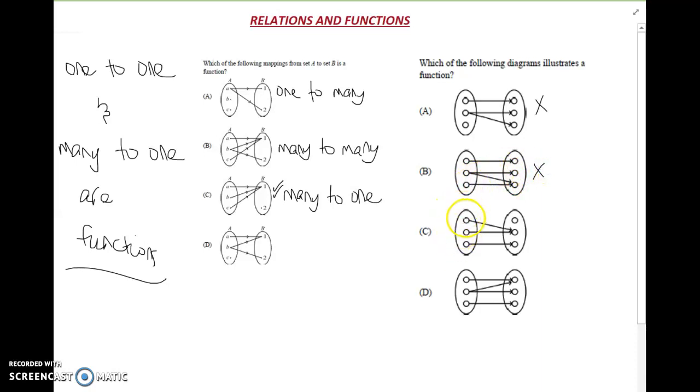Here we have this first circle and second circle going to 1 across here. So we have many to 1. Here we have 1 going to many in this case here, many going to 1. So it's actually a combination. So it's not this one, right? So it's this one here. Just take your time.